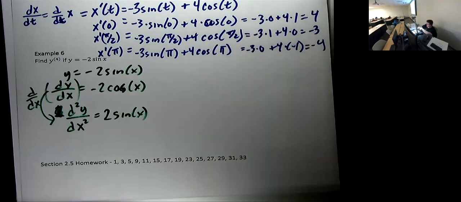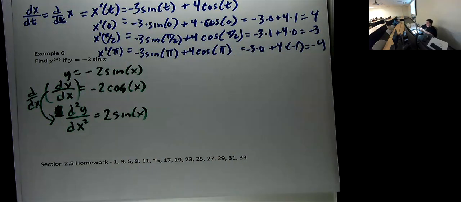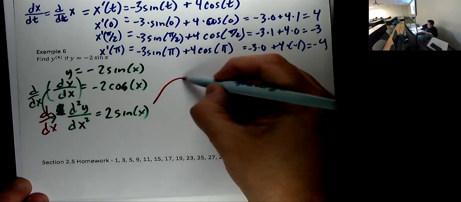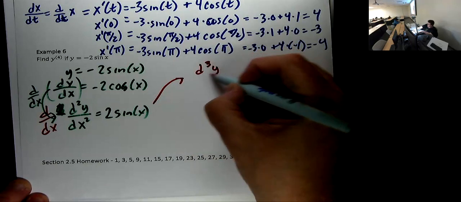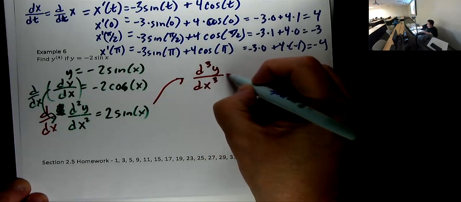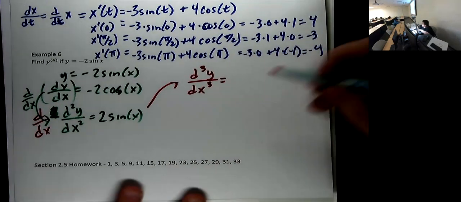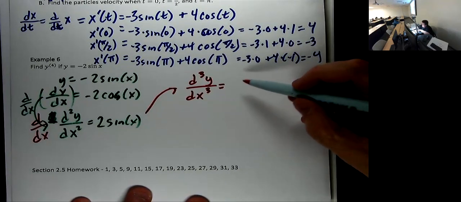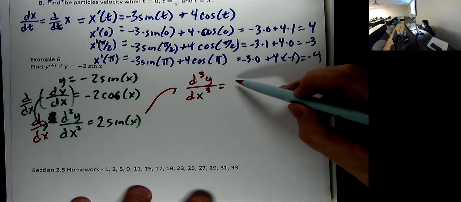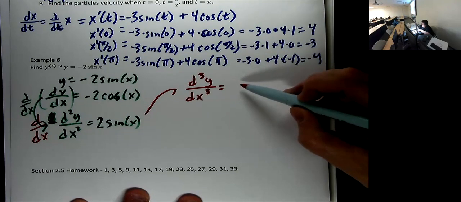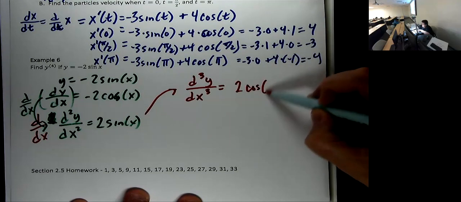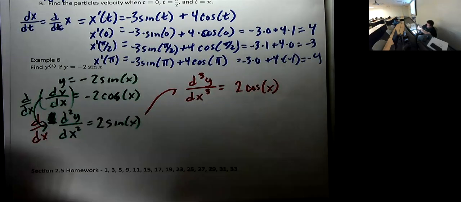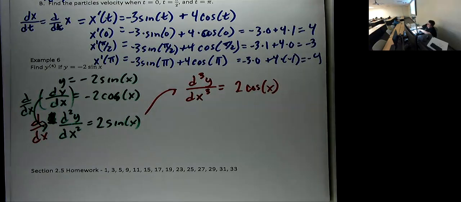Now, if we take the derivative again with respect to x, d dx, we are going to get d cubed y over dx cubed. Get you guys some notation. They come in all different ways. Might as well get used to them now. Derivative here is 2 cosine x. And finally, we take the derivative of that with respect to x.